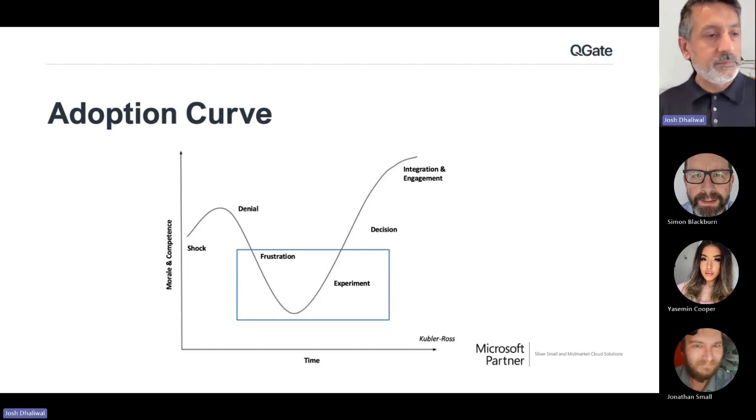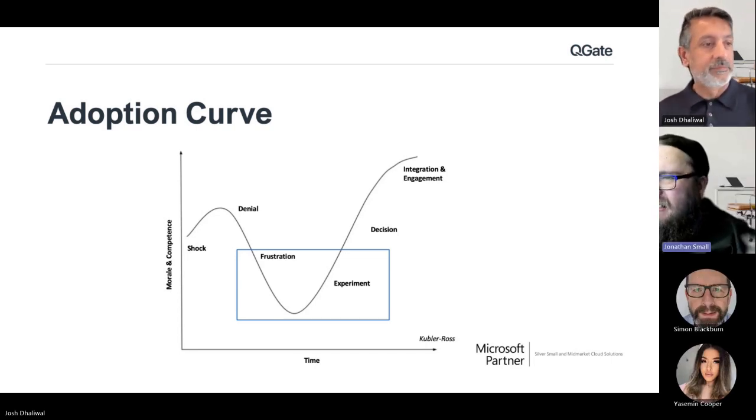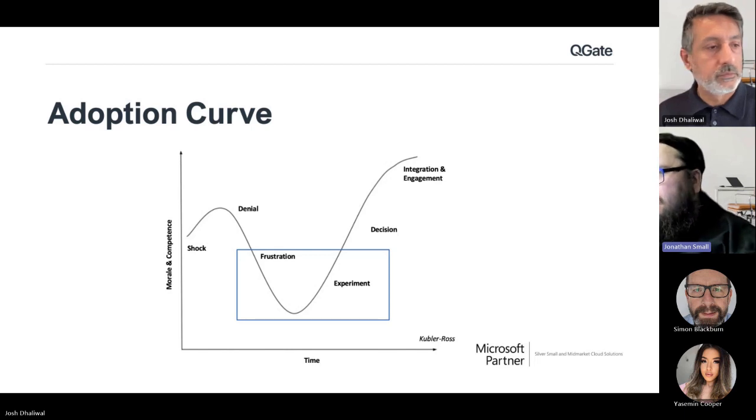Would you agree with that, Jonathan? I certainly would agree with that. Yes, it tends to be where people get frustrated, and a lot of that frustration is overcomable with certain measures put in place. So yeah, we do tend to find that.